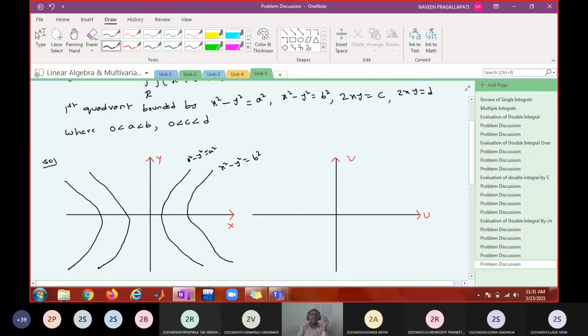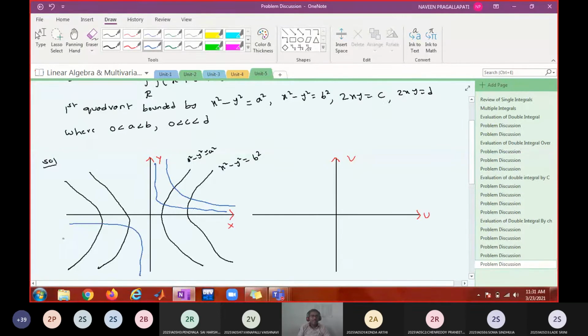What are the other two? Rectangular hyperbolas, right? So how do they look? Do you agree?